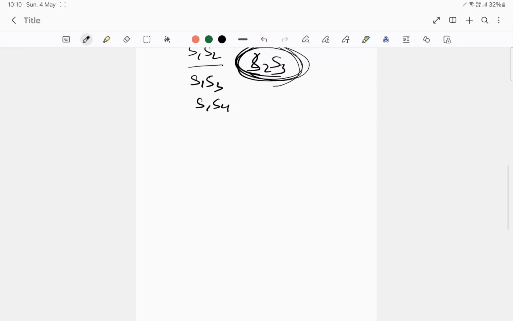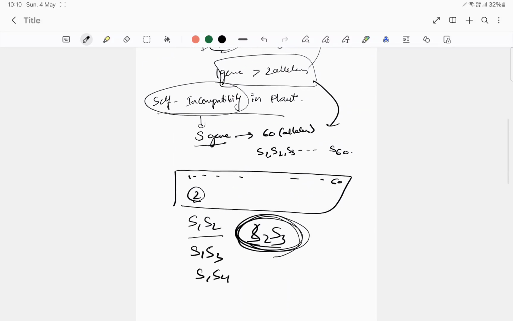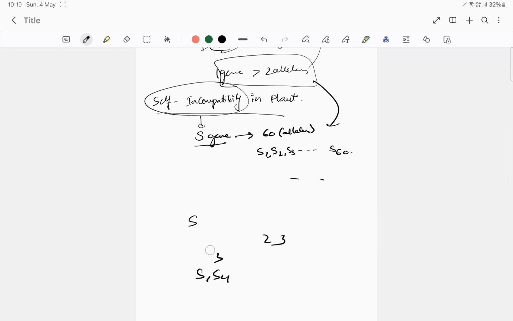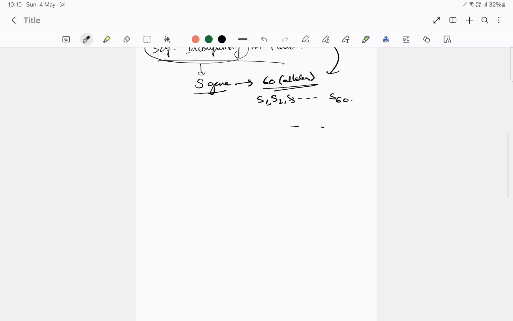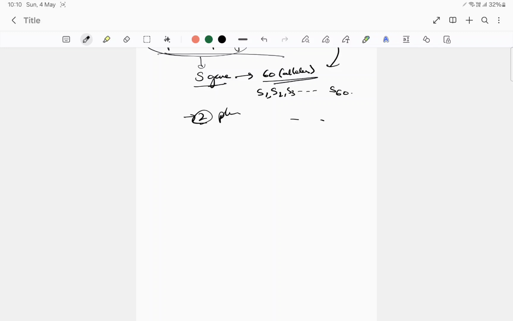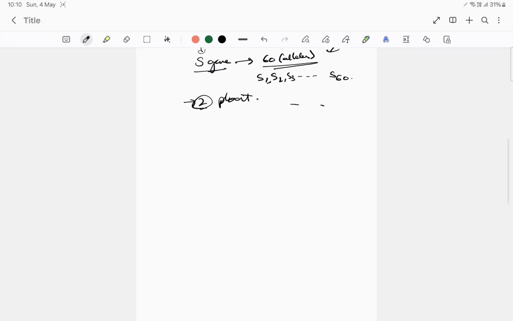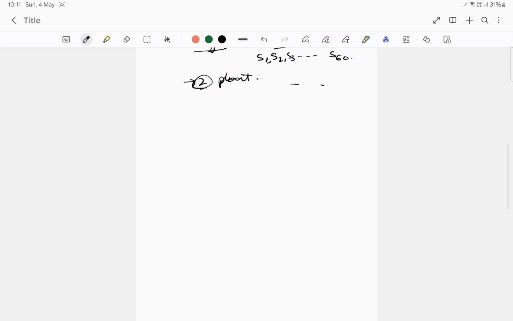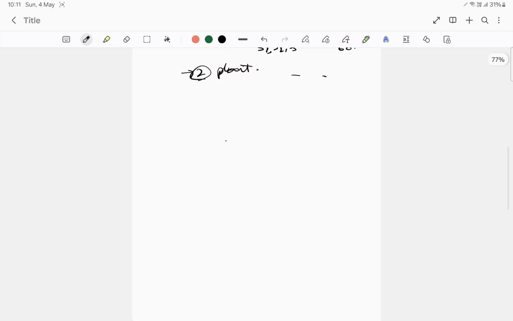Let's come to self incompatibility. The S gene controls self incompatibility, and there are 60 alleles present in that. Out of these 60, only two will be present in a particular plant. Have you understood? Okay. Now let's understand self incompatibility with a diagram.